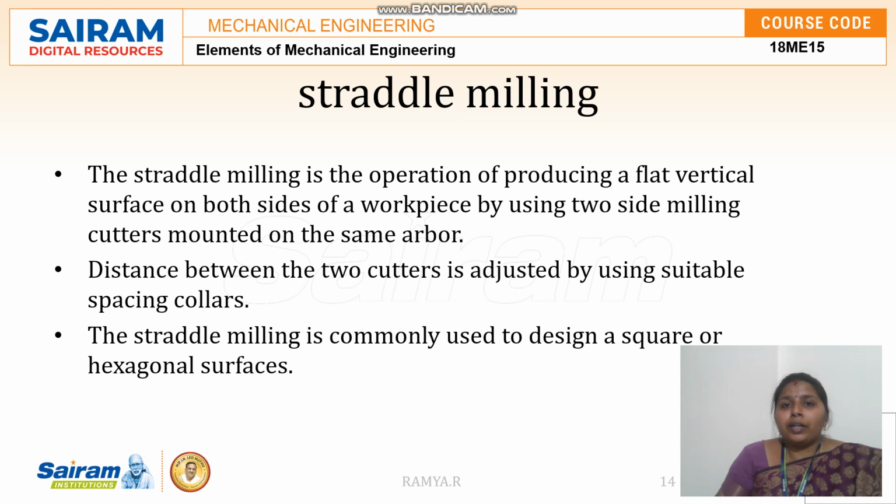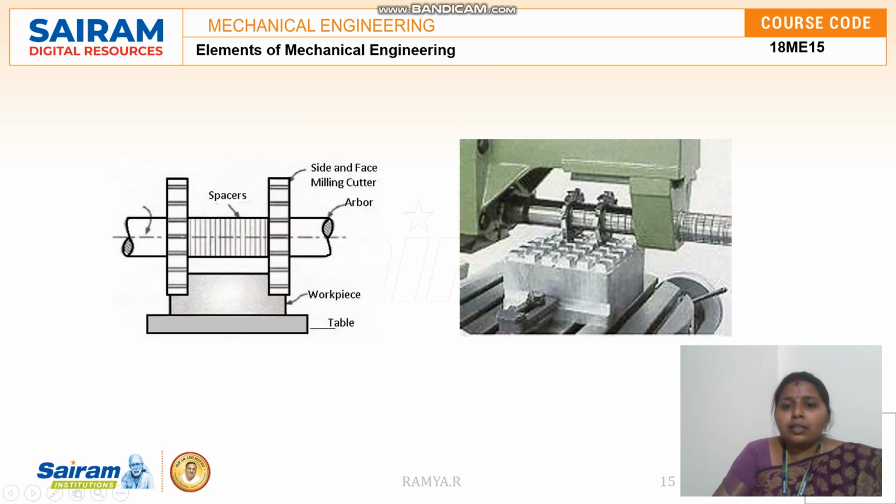In order to avoid that, two cutters of the same operation are placed on the arbor, and the same operation takes place simultaneously in more than one place in the same workpiece. So when we need to produce surfaces in the workpiece with the same process, straddle milling is used.